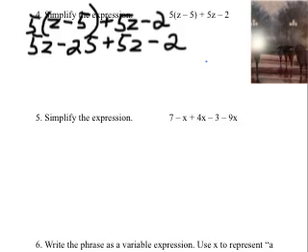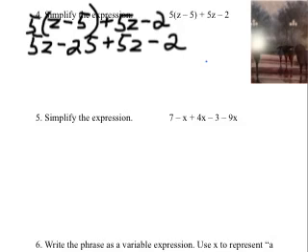As I said before, we can add the like terms, 5z and plus the 5z and the negative 25 plus a negative 2. Remember, we're now looking at all the terms as being signed terms, either positive or negative, all added together. So we can commute them, we can move them around.